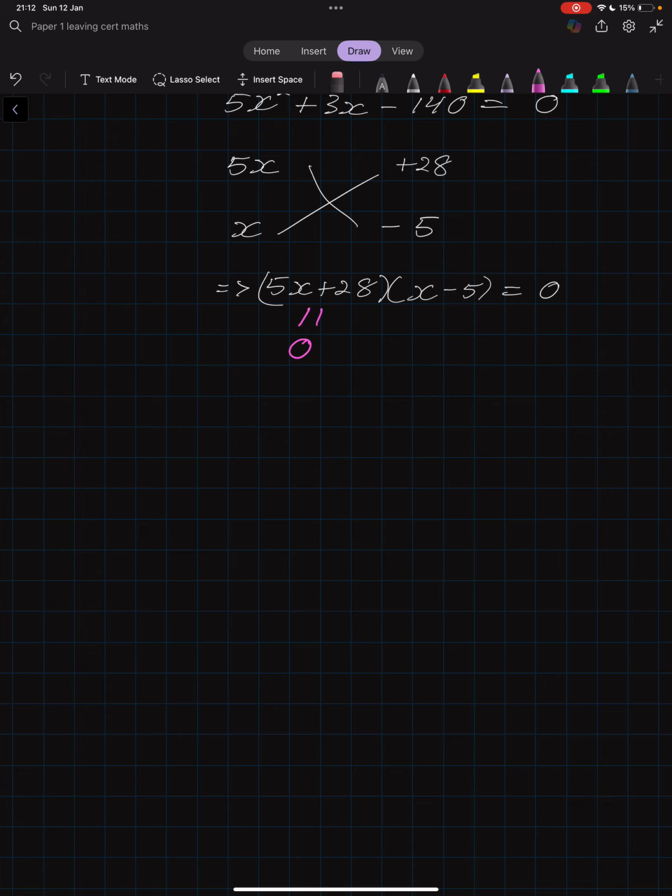So either the bracket on the left has to be 0, or the bracket on the right. If we assume the bracket on the left is 0, we say that 5x plus 28 equals 0. So 5x equals minus 28. So x equals minus 28 over 5.